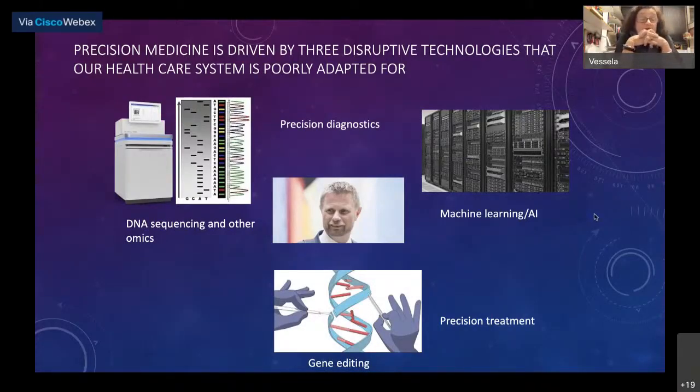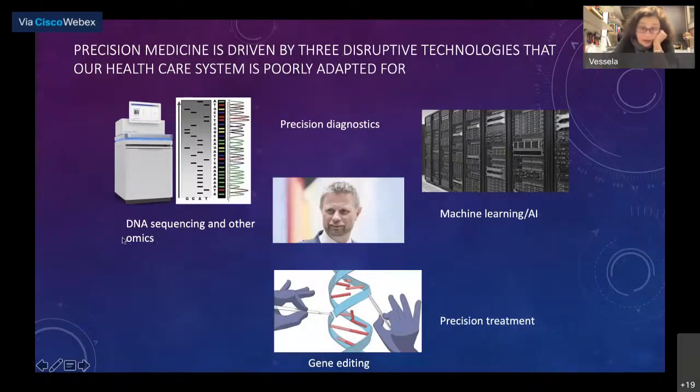So this is my concluding slide about precision medicine, which is driven by several disruptive technologies. This is our former health minister. Now we have a new government though, so I need to update my slides. But precision diagnostics is going to be a big field in Norway in the future.